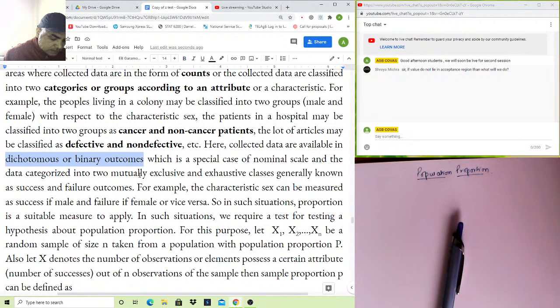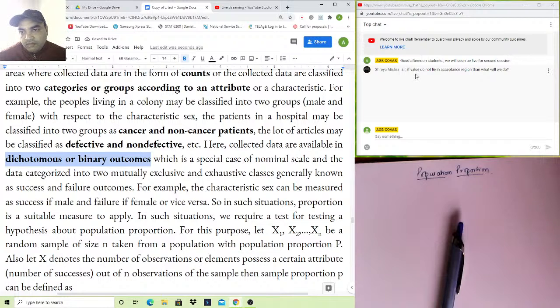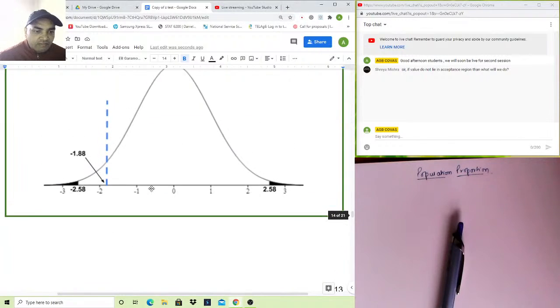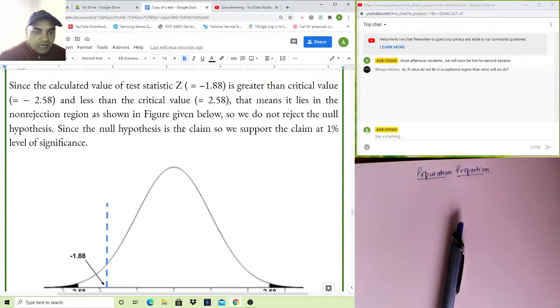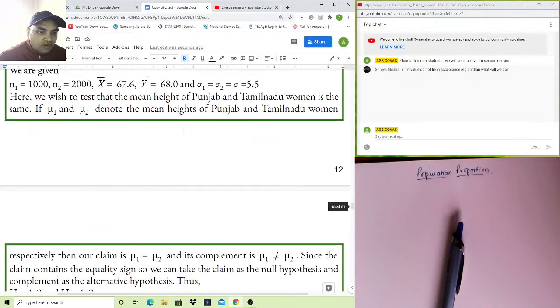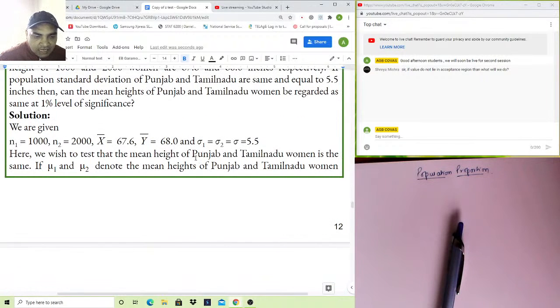Shreya is asking that if the value does not lie in the acceptance region, then what we will do? If your value does not lie in the acceptance region, then we reject the null hypothesis and accept the alternative hypothesis. So what was our null hypothesis?